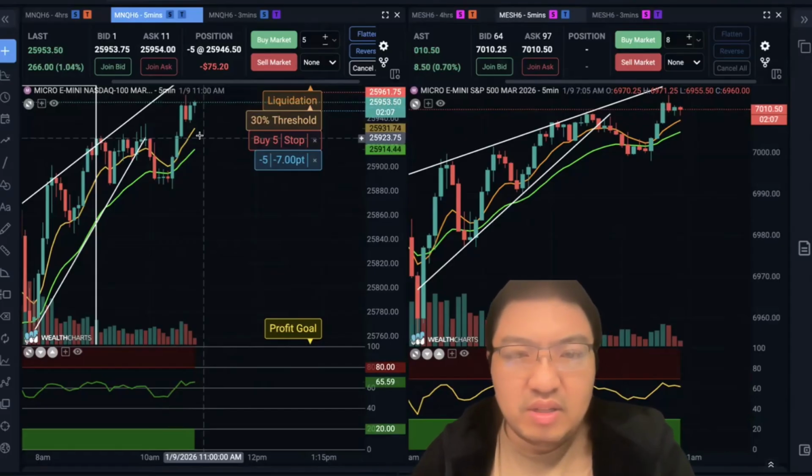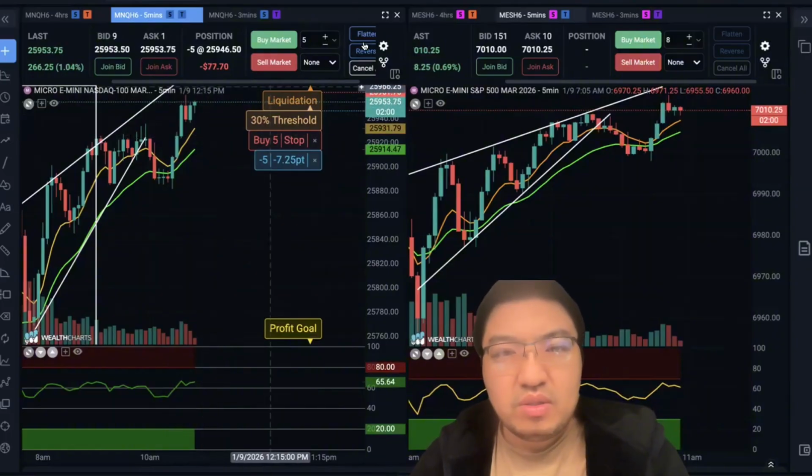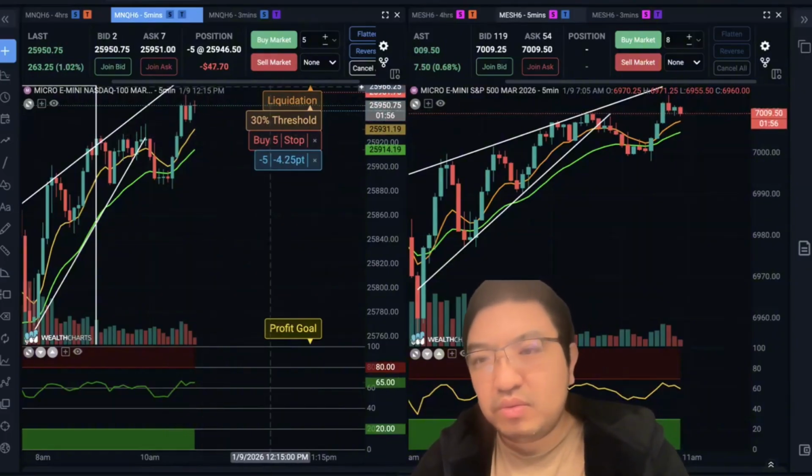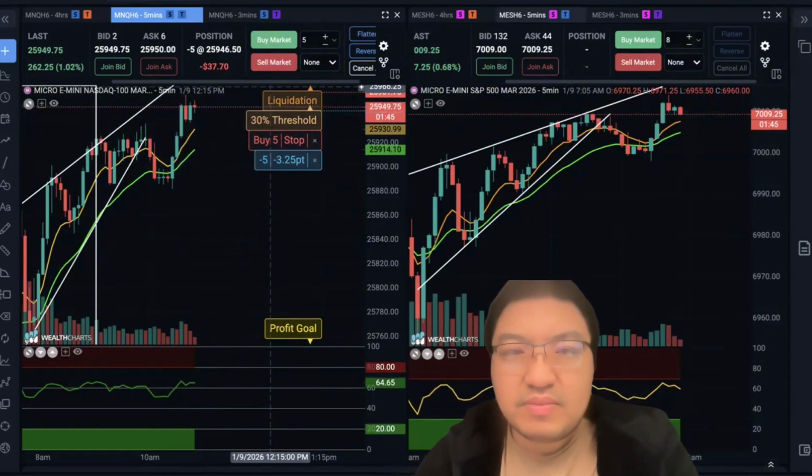Okay, it looks like NQ is breaking out to the upside while ES is still in the range. So see if ES breaks to the downside. So far, nobody breaks. I want to see a breakout.